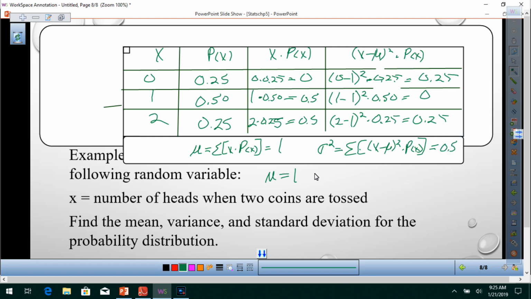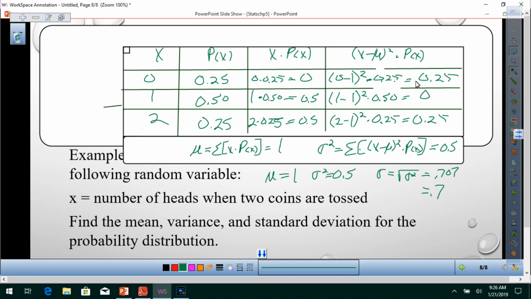Okay, so sigma squared equals 0.5. You take the square root of that, square root of 1/2, that would be sigma equals the square root of sigma squared, which is 0.707. Okay, and for us, we'll just use 0.7 for this.